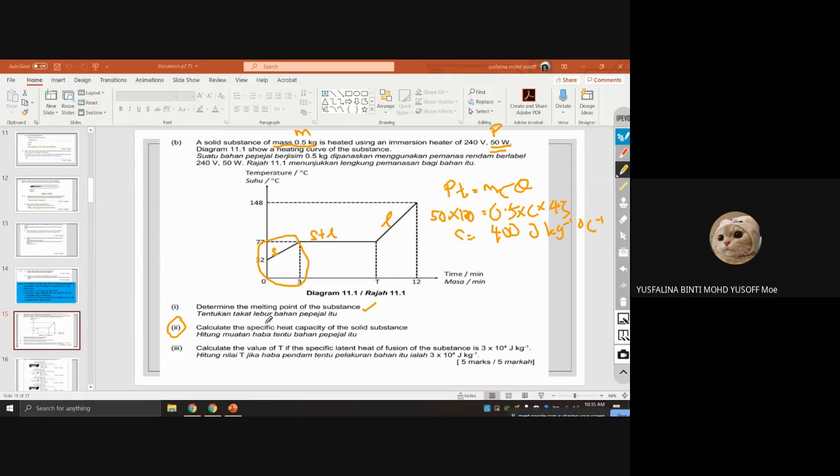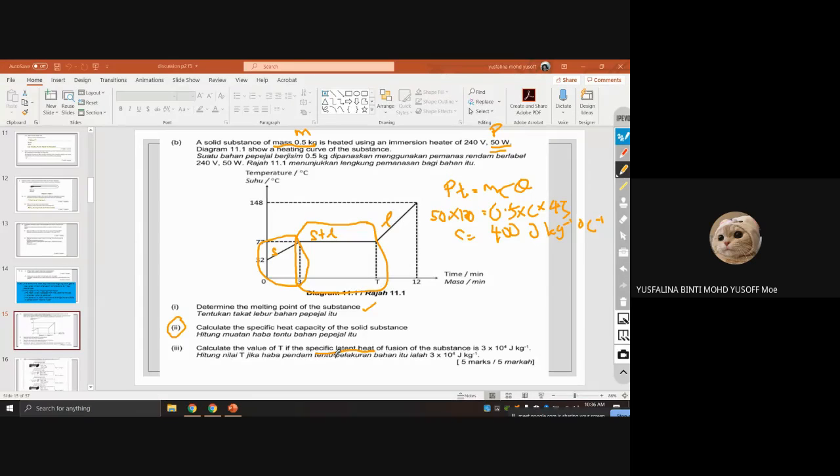So T is here. Specific latent heat of fusion means solid changes to liquid or liquid changes to solid, so it means this area. For this one, what formula do you have to use? Again, we use P T, electrical energy.